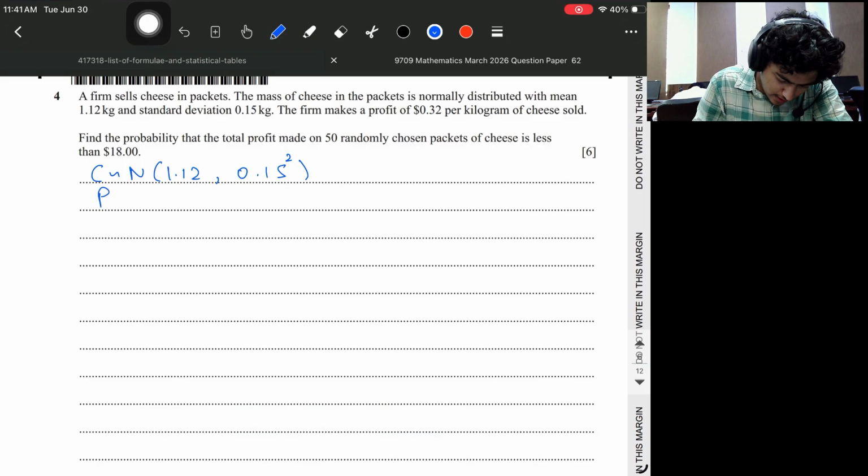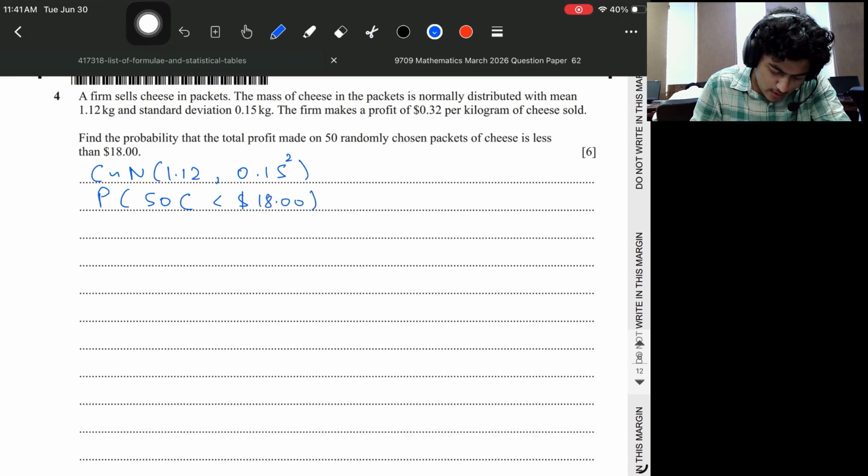So we need to find the probability that the total profit made on 50 randomly chosen cheese packets. So basically this would just be 50C times 0.32 is less than $18. Right, now we need to make sure here that this is in kilograms and this is in dollars, so we need to convert that.